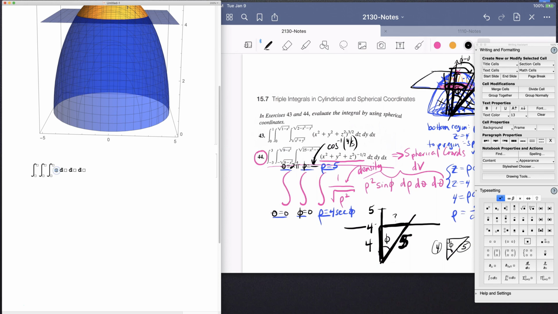We can see that the function we're going to integrate is rho squared divided by rho, so we'll just go ahead and put rho times the sine of the angle phi. Okay, that is our function that we need to integrate.